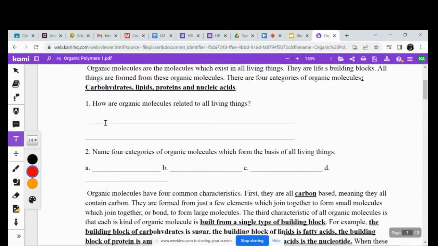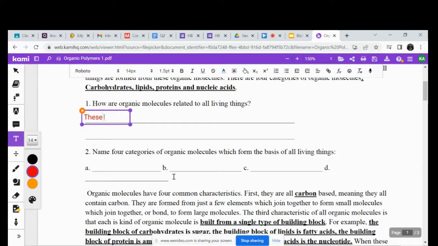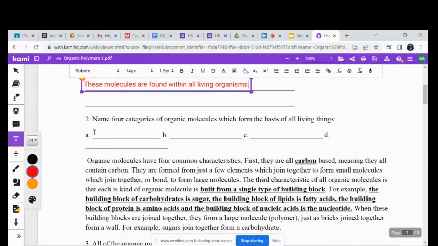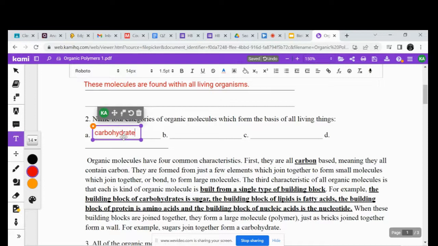All right, how are all organic molecules related to all living things? These molecules are found within all living organisms. Name the 4 categories of organic macromolecules. All right, so we have carbohydrates. Those include things like sugars: glucose, sucrose, galactose, maltose, and also complex carbohydrates like cellulose and starch.